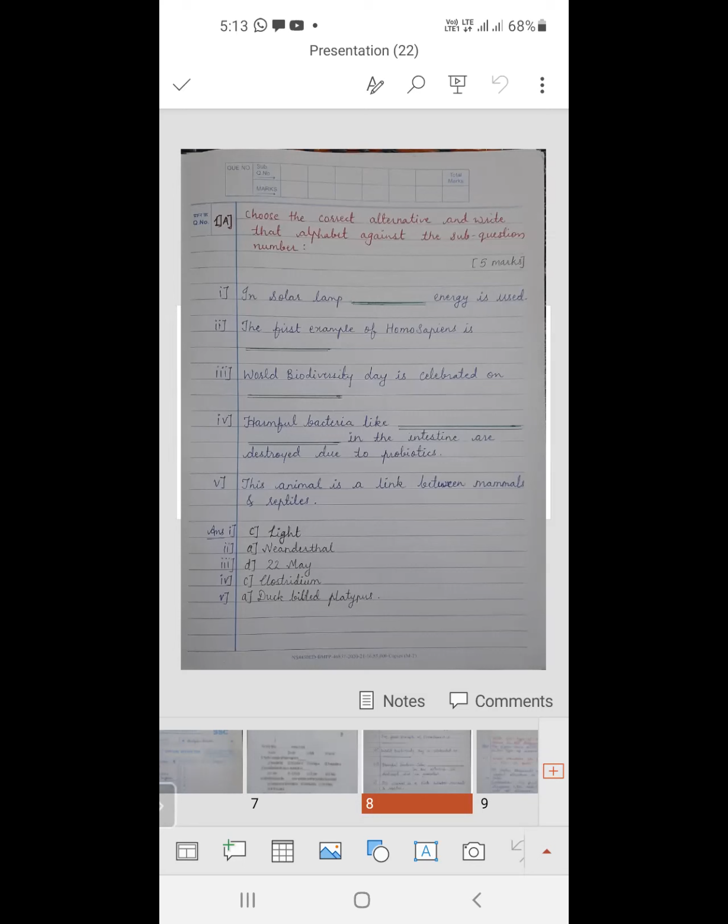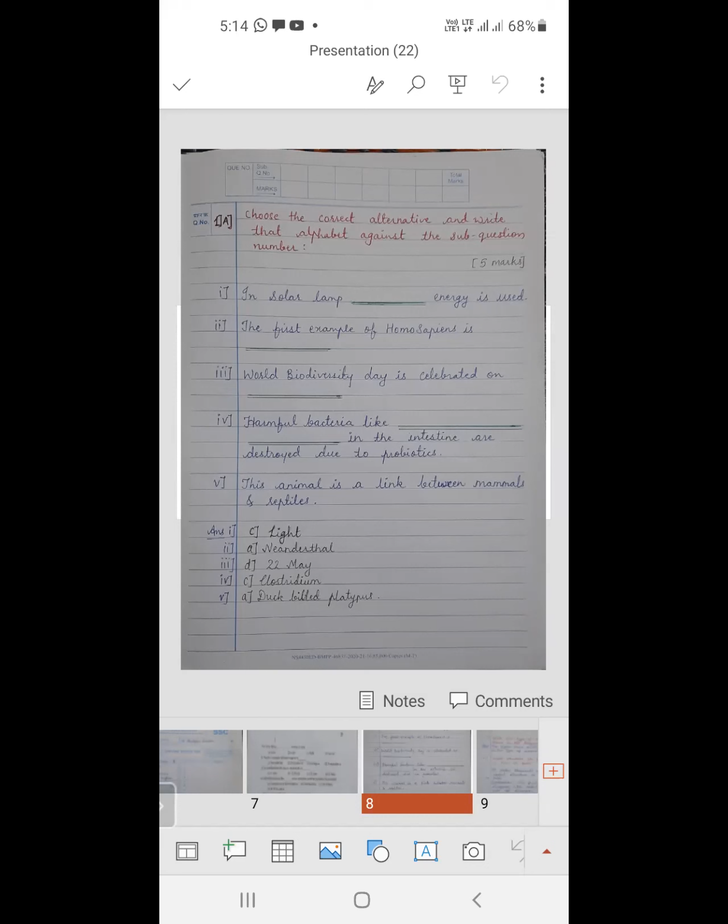Now the fourth one: harmful bacteria like dash in the intestine are destroyed due to probiotics. The four options are A, Streptococcus thermophilus, B, Lactobacillus, C, Clostridium, and D, all of the above.